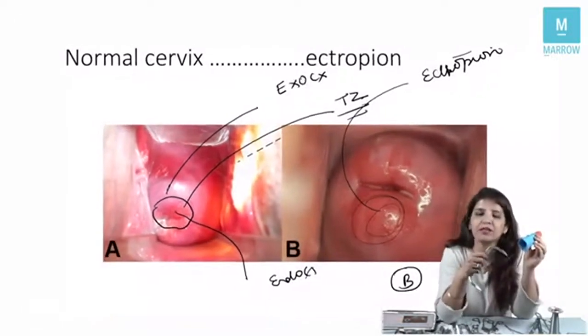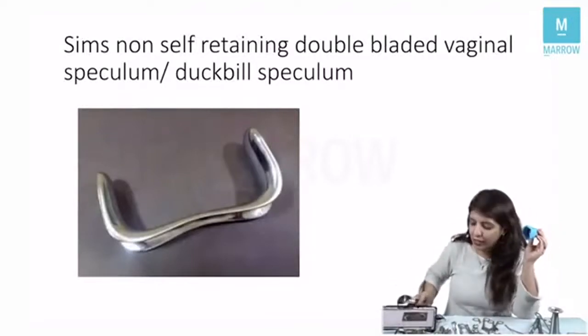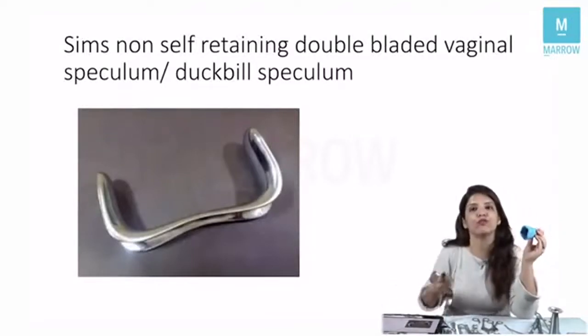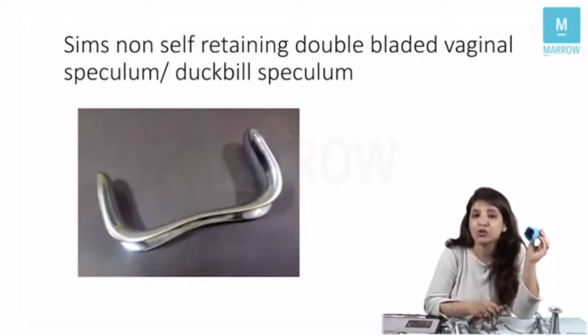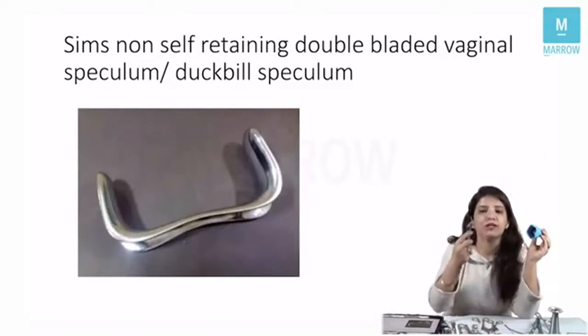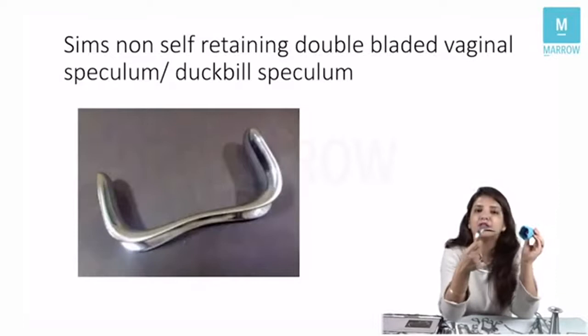I am saying the full name because final year students have to say the complete name in the viva. So this is the SIMS double-bladed, non-self-retaining vaginal speculum.